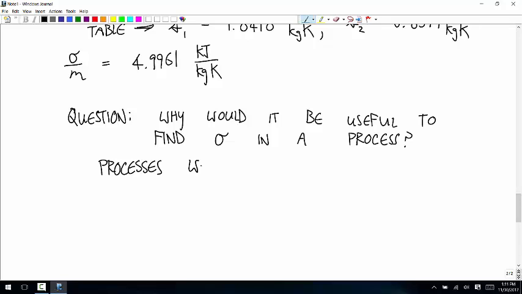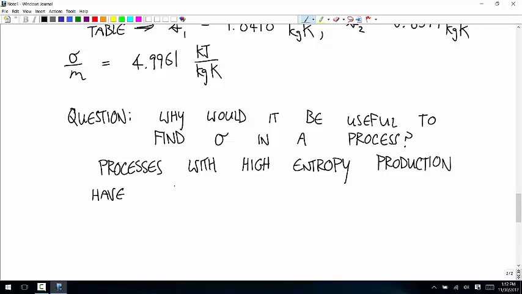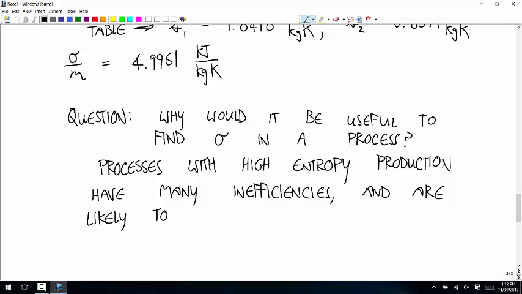So processes with high entropy production have many or big inefficiencies and are likely to be good candidates for efficiency improvements.